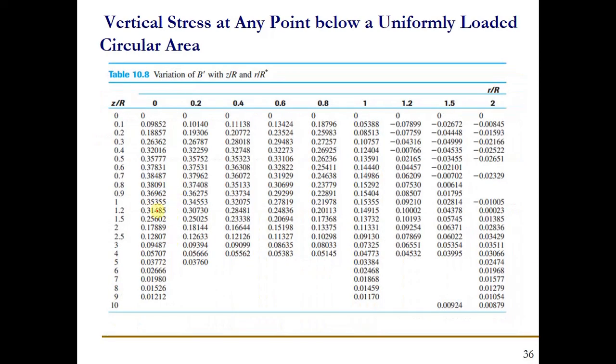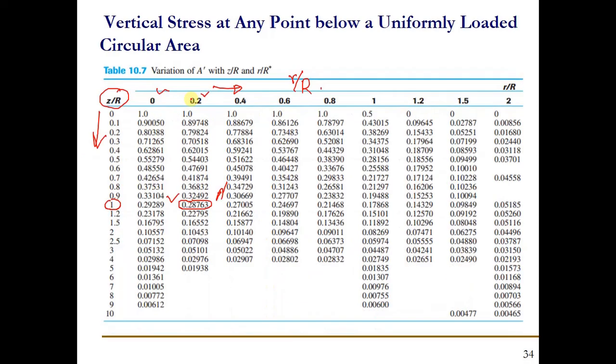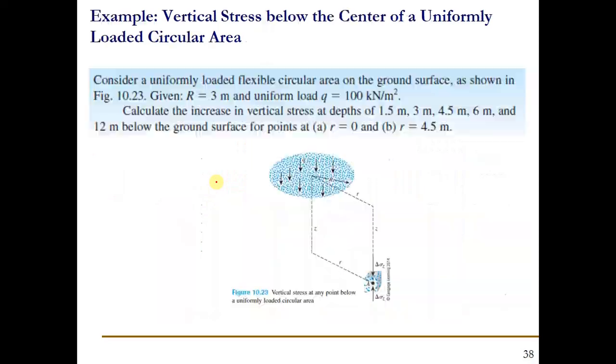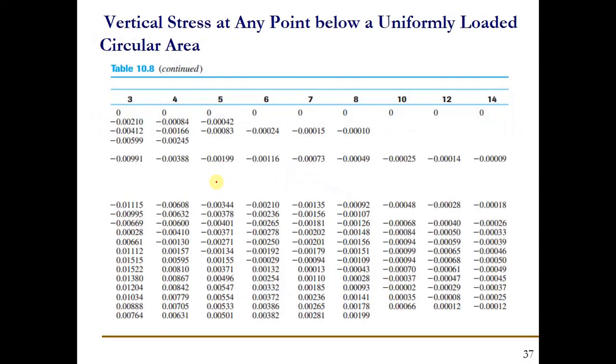Now if we are asked what will be the value of B prime for the z by R value of 1 and 0.2 r by R value, this is the value which we are going to get for the B prime. So we can solve an example related to it.